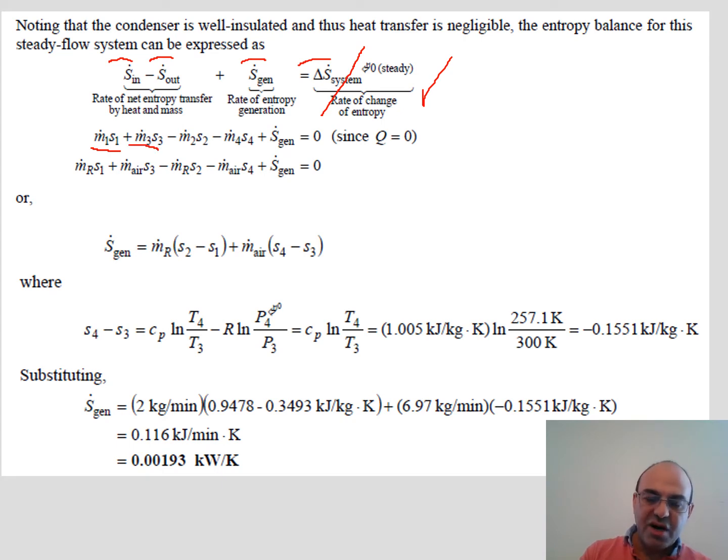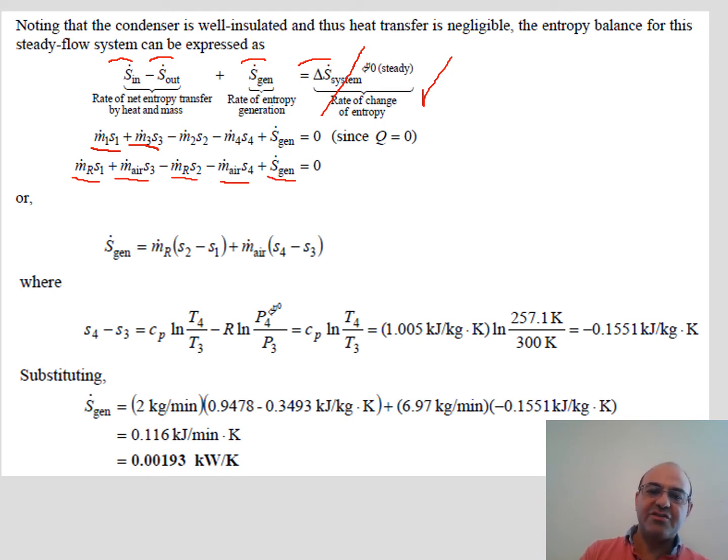Actually, m dot 1, I believe, was refrigerant. So refrigerant brings in entropy, air brings in entropy. They also take out entropy, both refrigerant and the air. So this is entropy in and entropy out plus entropy generation equal to 0.